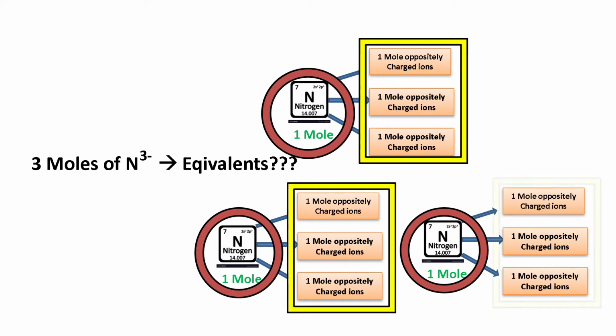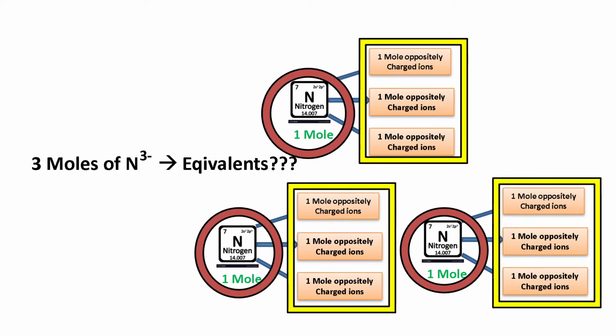Therefore, 3 moles of nitrogen ion will require 9 moles of oppositely charged ions to form 3 moles of ammonia. That means 3 moles of nitrogen is equal to 9 equivalents.